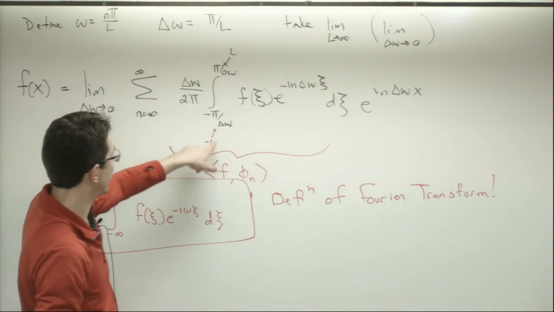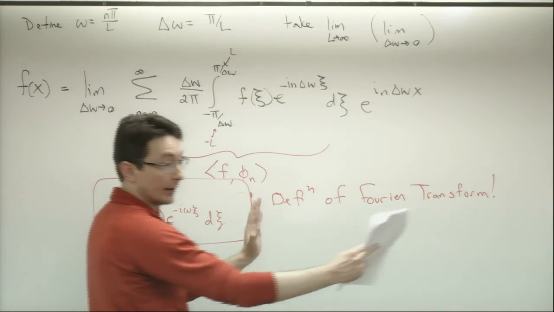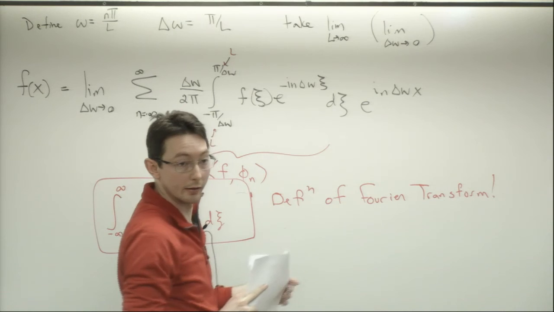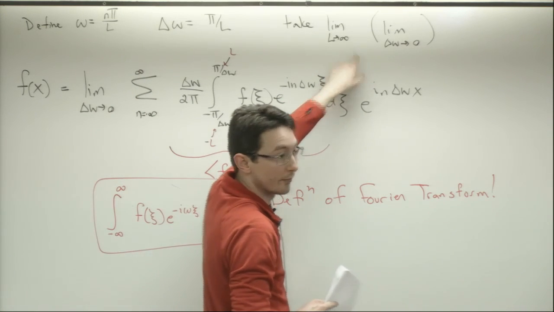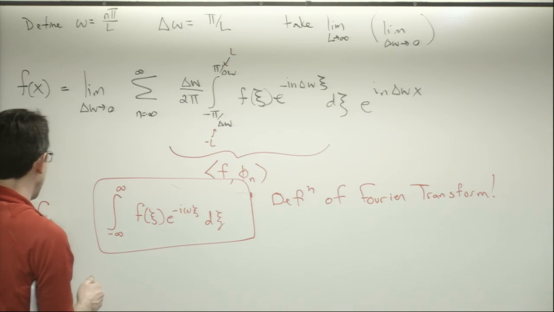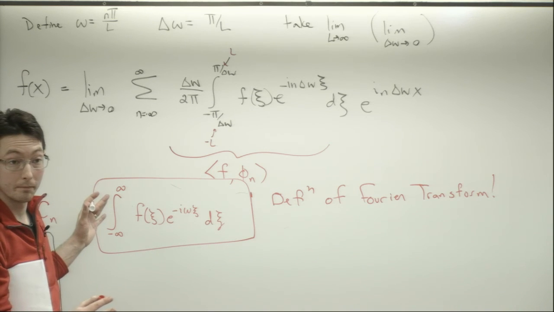And I take the limit as delta omega goes to 0, so that my domain, instead of from negative L to L, goes from negative infinity to infinity. I'm taking the limit as my domain gets infinitely large. And these coefficients are just the Cn from before, but I've taken the limit as my domain goes to infinity.